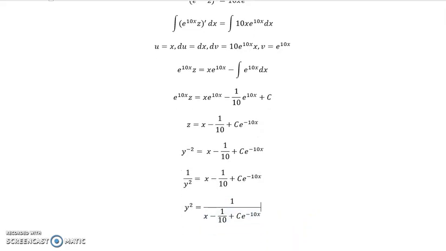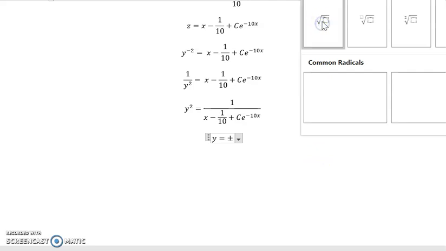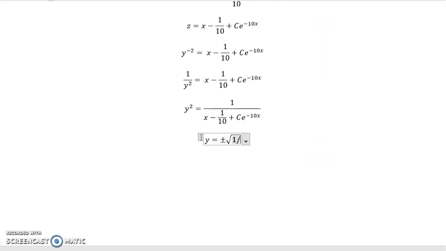And then if I take the initial conditions, if there are any available, into account, then I can come up with an explicit expression for y: either plus or minus the square root of 1 over this crazy thing.